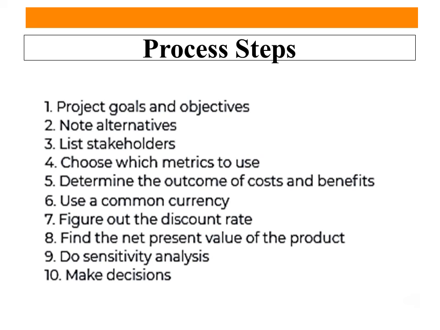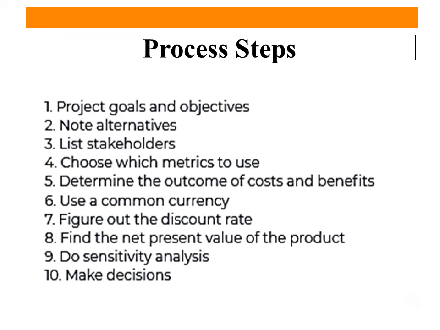We have many process steps in cost benefit analysis. Many authors have presented their views from different perspectives. Every person has a different perspective on each topic, but we are concluding all those steps in these 10 simple steps.